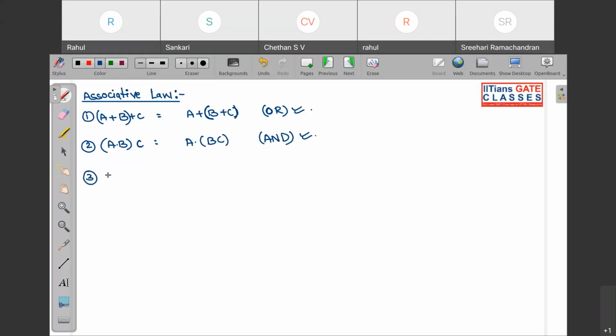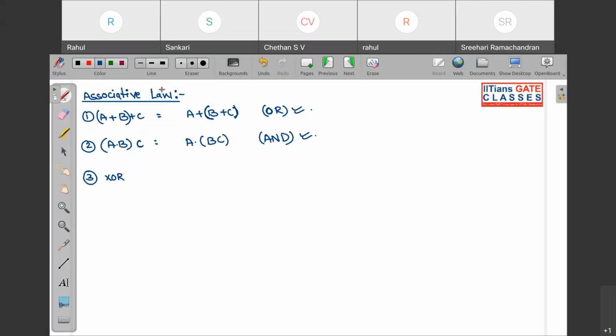So let me ask you, does your XOR gate follow associative law? Quickly tell me. See, these type of questions will be asked. Theory based questions. So this is HAL exam.